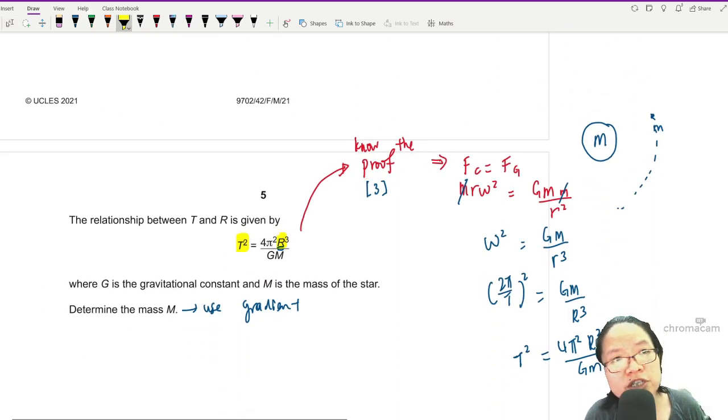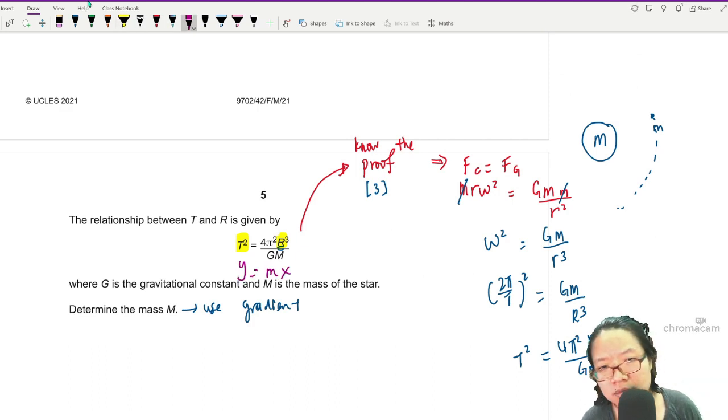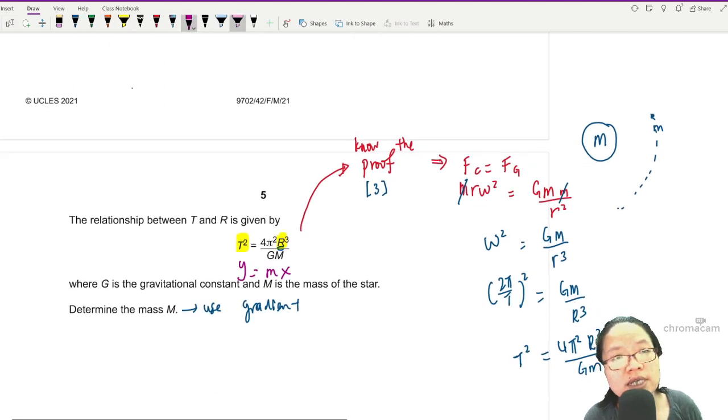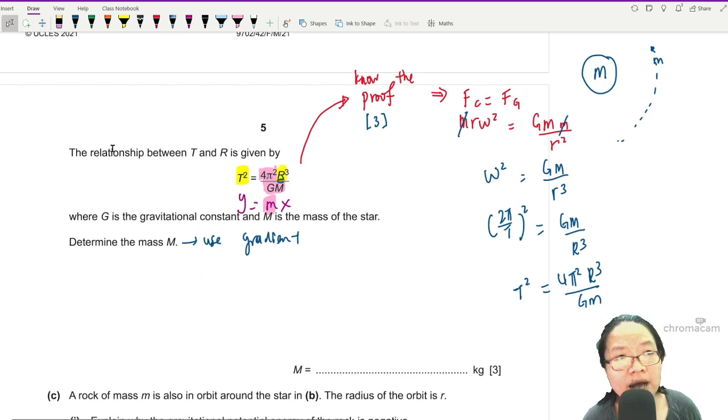If I compare with the general equation, y is equal to mx, there's no c, so the y-intercept is 0. Indeed, because the graph passes through the origin, your gradient m is equal to 4 pi squared over GM.